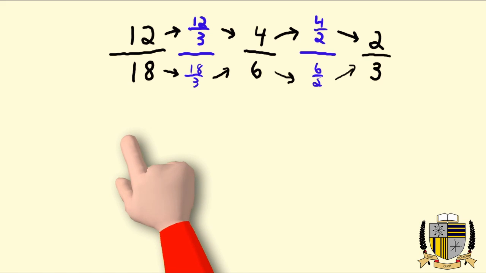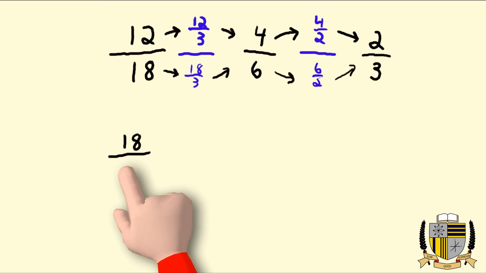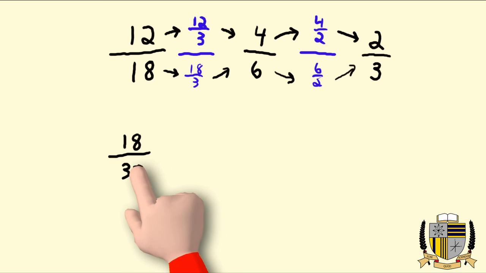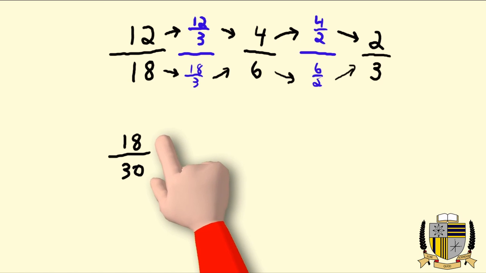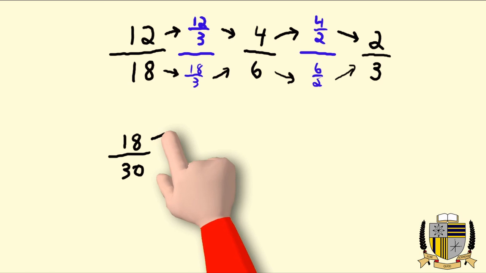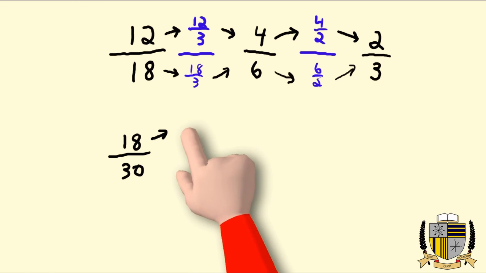So, I would have, let's say, 18 over 30. And I'll look at them and say, can I divide them both by 2, or 3? And you can, right? I can look at this and say, okay, the 18 I can divide by 3, for example.